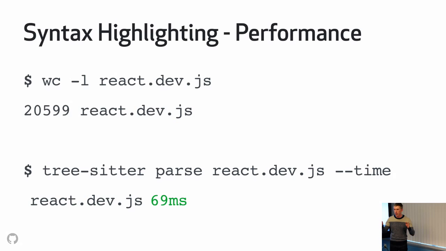So if you were to scroll to the bottom, you'd see black and white text for a while before the syntax highlighting got to that point. On this slide, I just have an example of me parsing a 20,000 line JavaScript file in Tree-sitter. It shows the time that it takes to parse, and it's about 69 milliseconds, which is fast enough that it's insignificant compared to the other work that needs to happen when you open a file in a text editor. So we don't have that problem of needing to defer syntax highlighting.